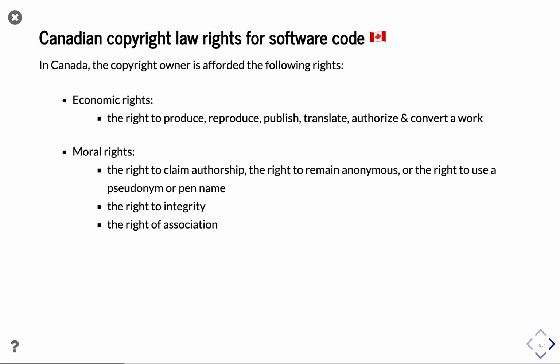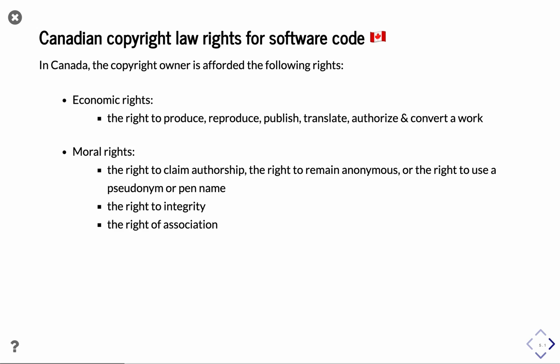In Canada, we also have something called moral rights. These moral rights come in three different flavors, and all three of them are afforded when somebody writes software code. The first is the right to claim authorship or the right to remain anonymous or use a pseudonym or pen name. The first is probably the most likely use of it in writing software code.